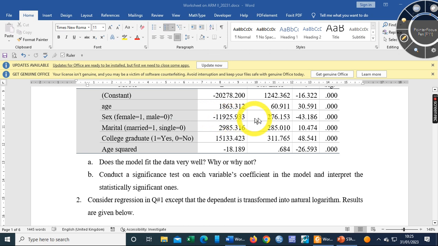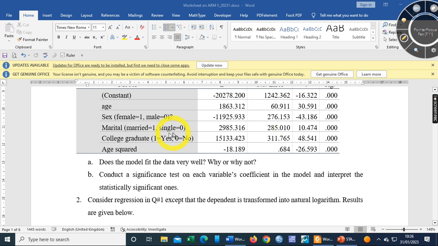More specifically, the real income earned by female is lower by $11,195.933 on average, keeping other variables in the model constant.